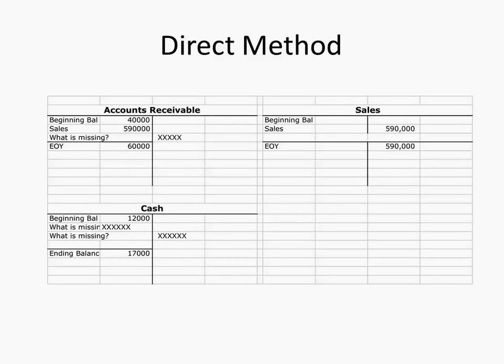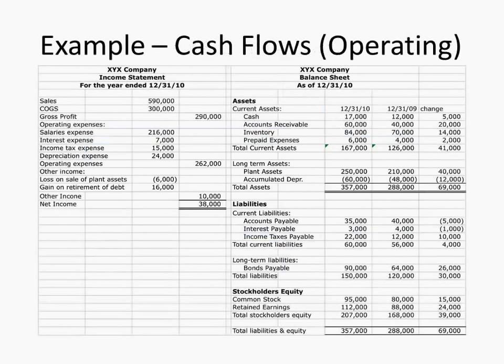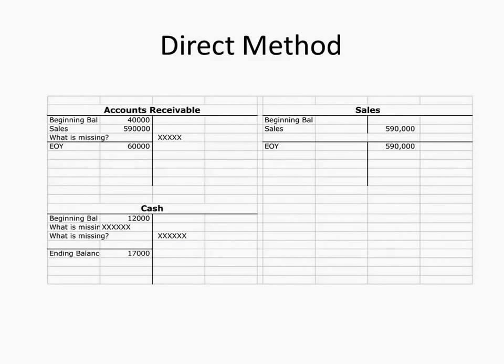Okay? So in this example, you have $590 in sales, and you look down in your balance sheet, and what's related to that would be accounts receivable. Accounts receivable had a beginning balance of 40 and an ending balance of 60. We assume that for these $590 in sales, we would have debited accounts receivable for $590 and credited sales for $590.